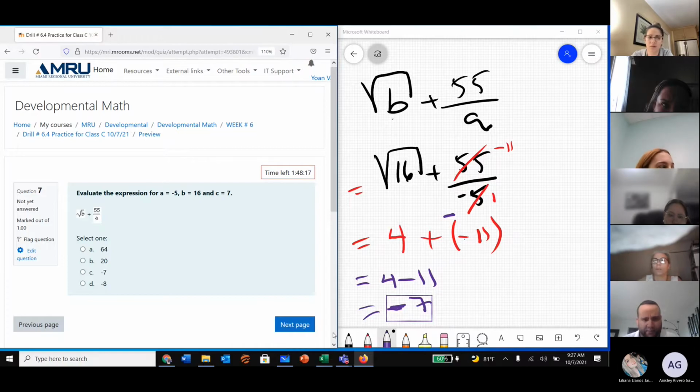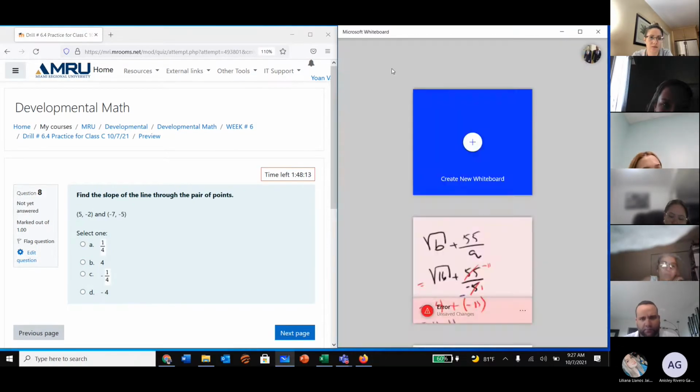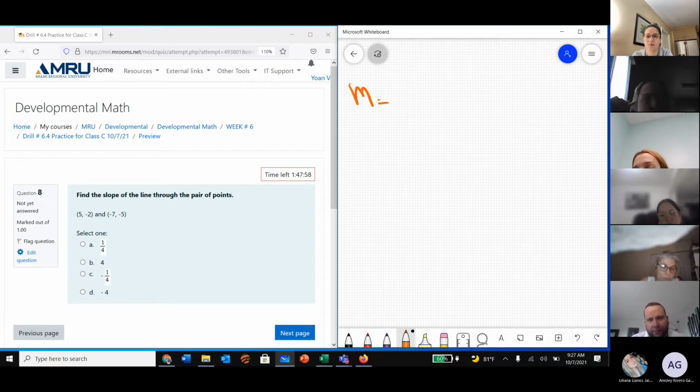Okay, next question. We have to find the slope. What is the formula of the slope? Slope is equal to the variation of y over the variation of x.